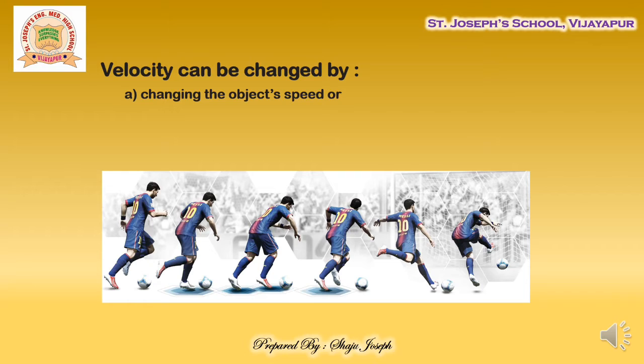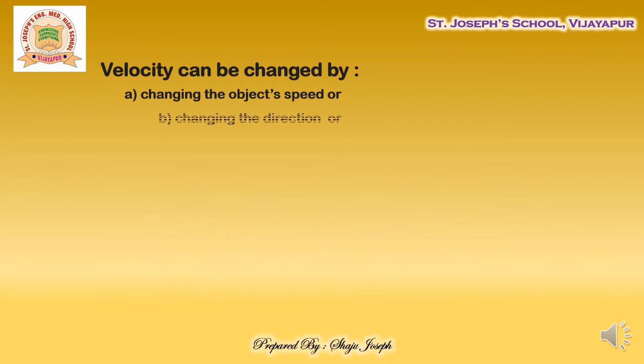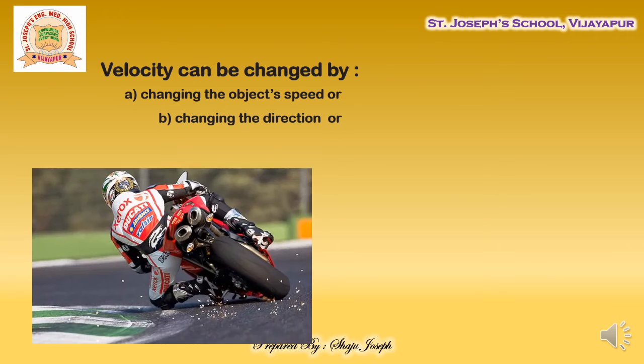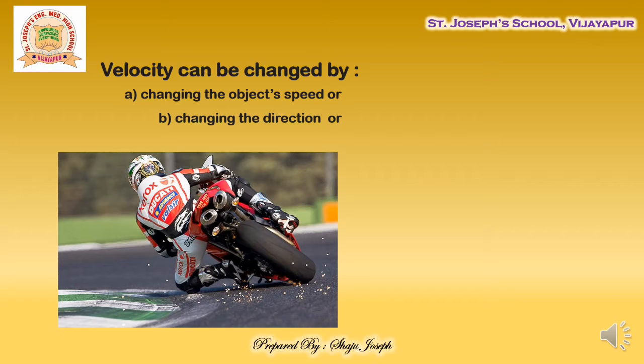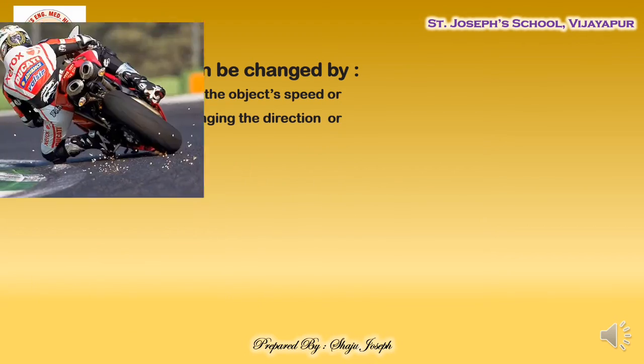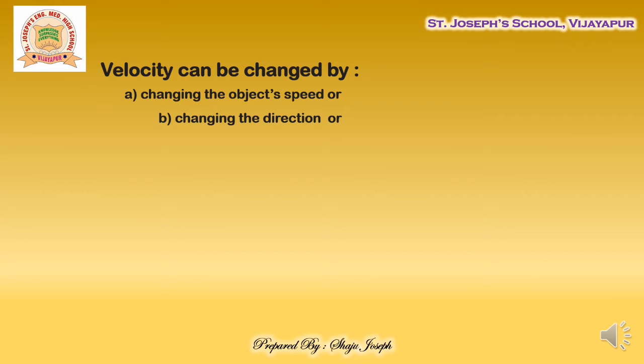So we say the speed changed here, then automatically velocity also changes, because velocity depends on two things, speed as well as direction. The second case is that changing the direction also changes the velocity. Here an example: a biker, without changing the speed of the bike, turns the bike in a different direction. In this case, since the direction changes, we say velocity changed, though speed has not changed.